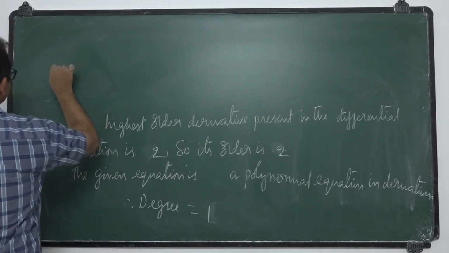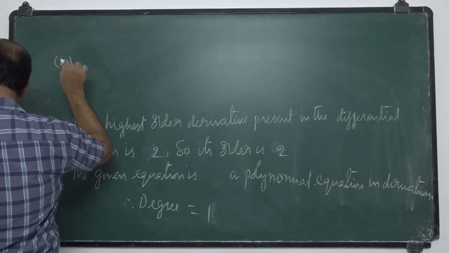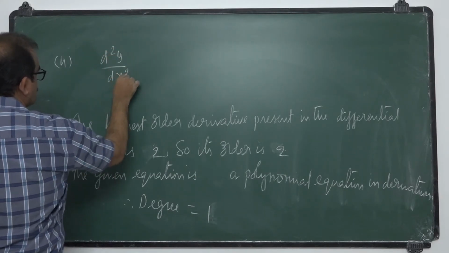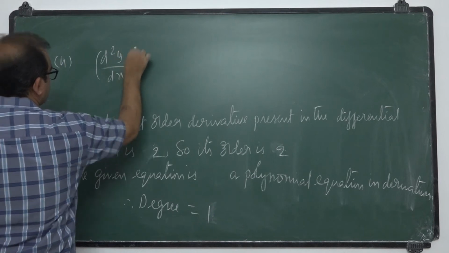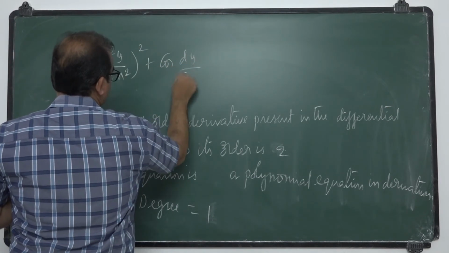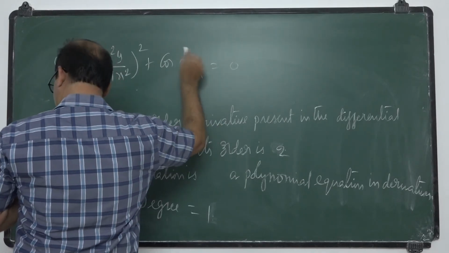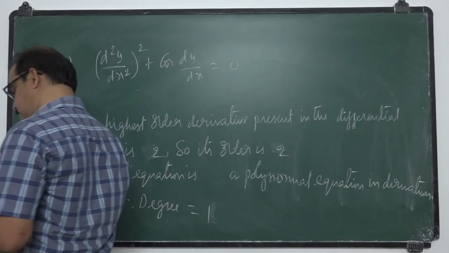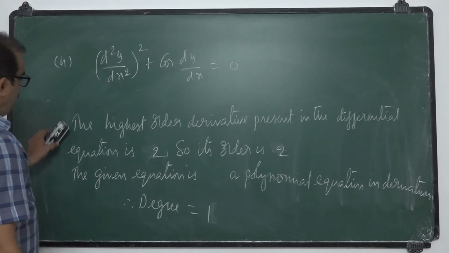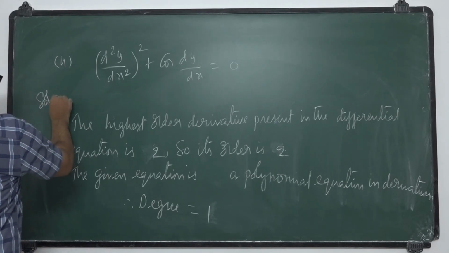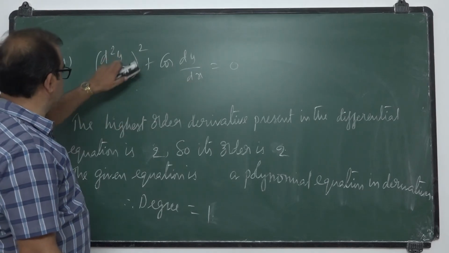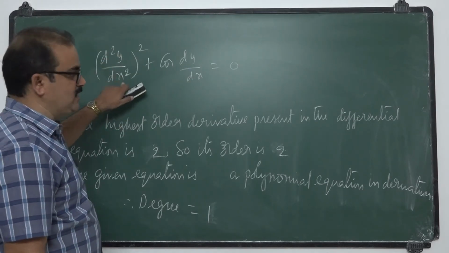Next, (d square y by dx square) whole square plus cos of dy by dx is equal to 0. dy by dx is the first order derivative. d square y by dx square is the second order derivative.